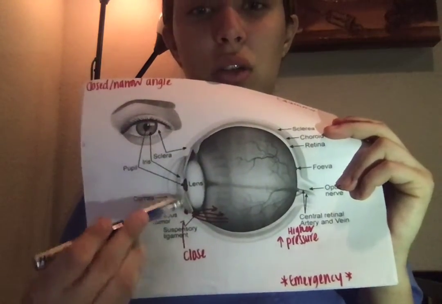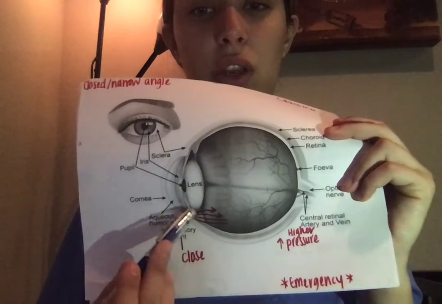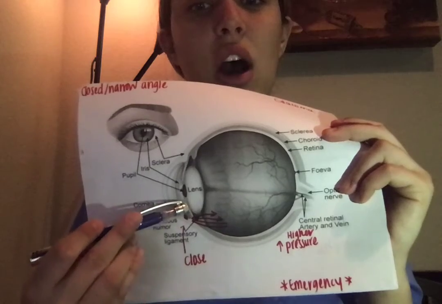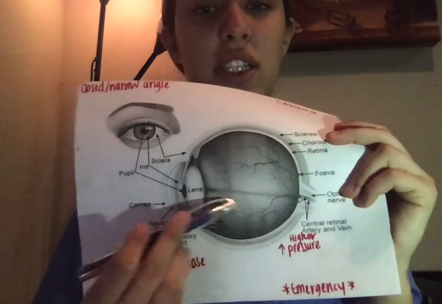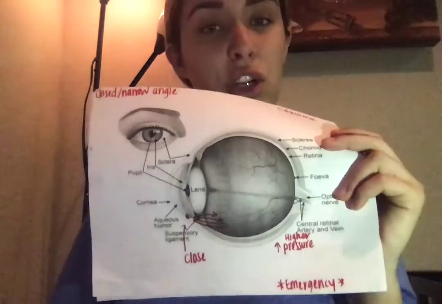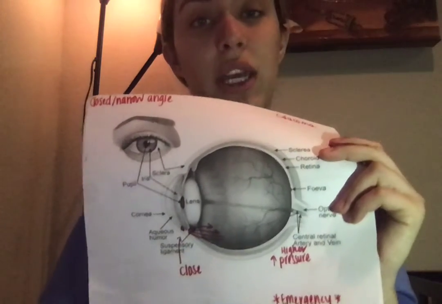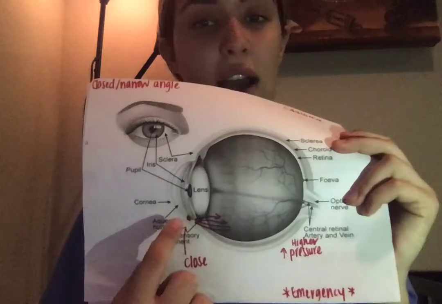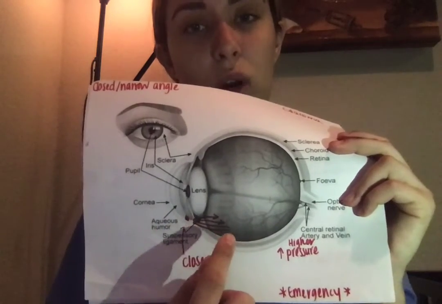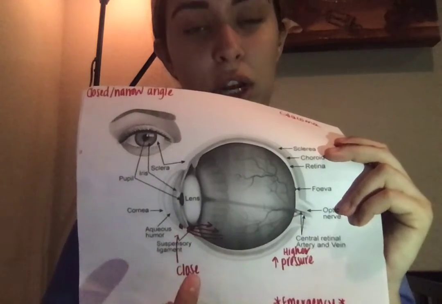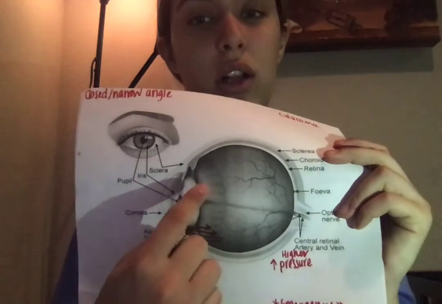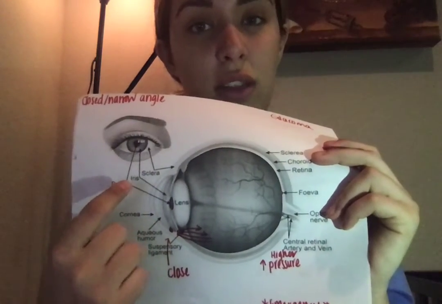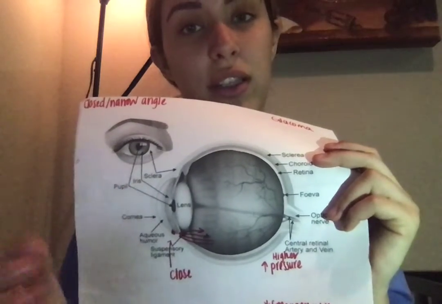If I were to scribble it in, it's going through, but because it's such a closed off angle, it automatically is shifted back and creates more pressure than open angle glaucoma. This one doesn't have any escape at all, so it is worse, and that's why there's increased pressure. Unlike open angle glaucoma, where some of it can go out and is released to the sclera, but at a very slow process.